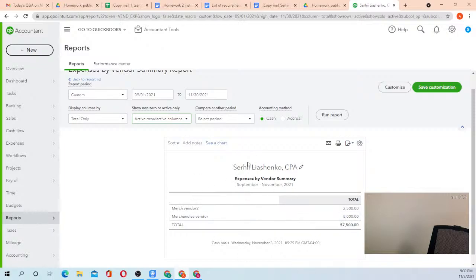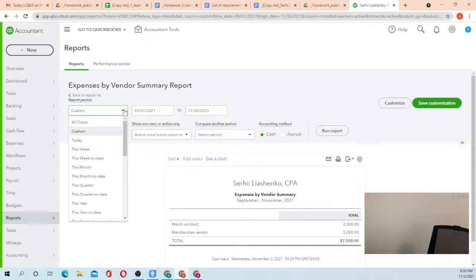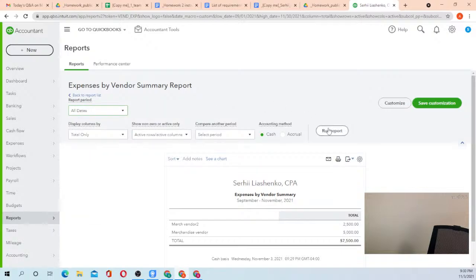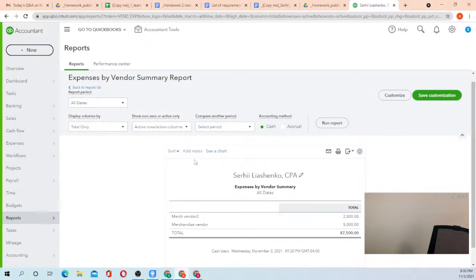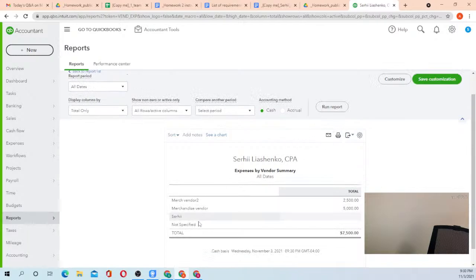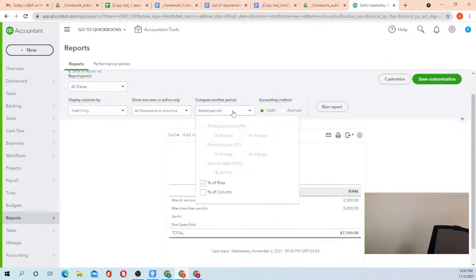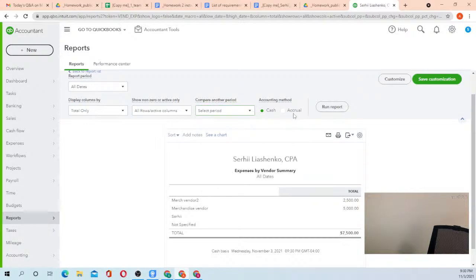So that part of Quickbooks is supposed to show you your cash transactions, but for some reason, it doesn't show you all your data. Okay, select periods, cash, accrual.